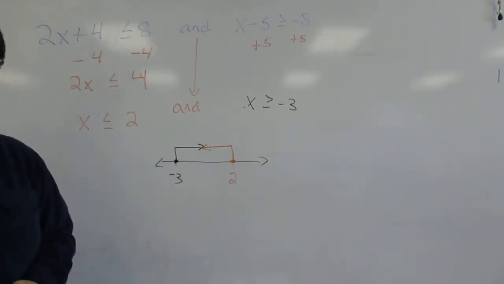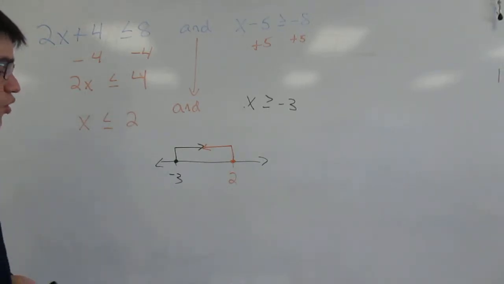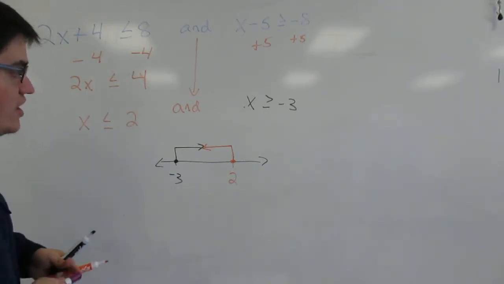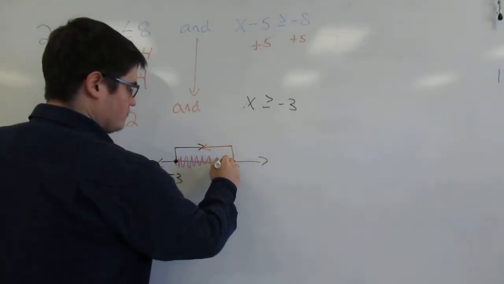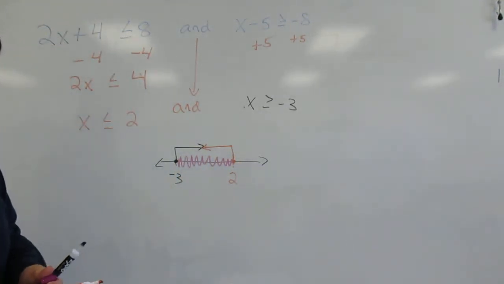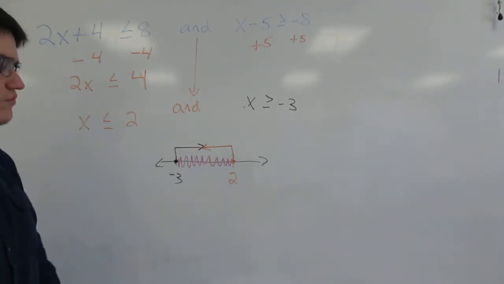And remember, we're looking for the numbers that satisfy both of these. Well, the only one that satisfies both of them is going to be this shaded region right in between. Okay? So those two lines meet, fall in love, have kids in the purple.